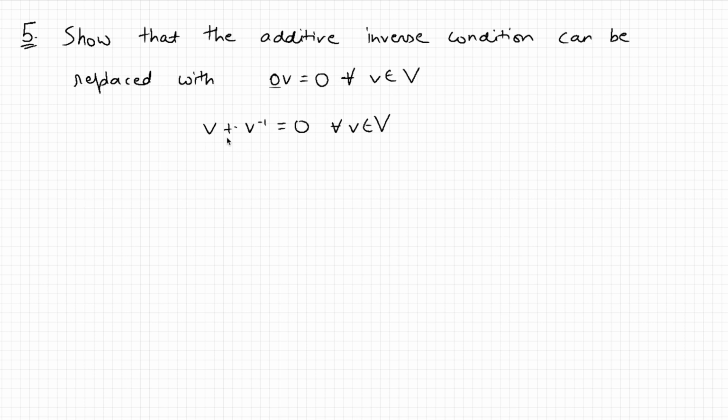So we have v plus v inverse is equal to the additive identity. Let's call it 0 only. Now v plus, we can write v inverse as -1 times v, right?